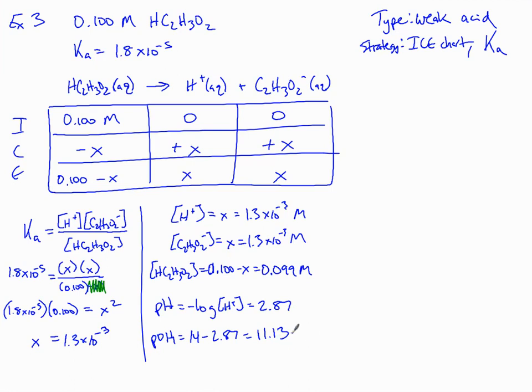Using this number, you could figure out the hydroxide concentration if it's required, and that would be 10 to the negative pH, which turns out to be 7.4 times 10 to the minus 12 molar. Exponents negative 12, very close to 11.